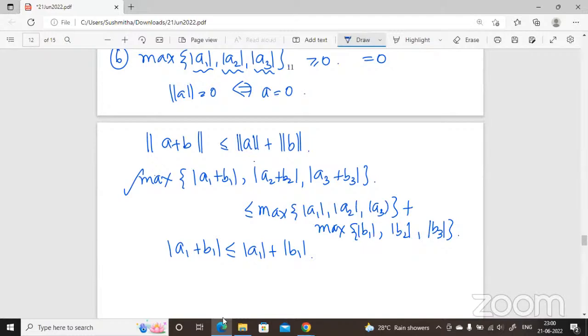So here it is actually true. You can just observe, these are all numbers, so each term is going to satisfy this because of the triangle inequality. It's natural that it cannot exceed this.